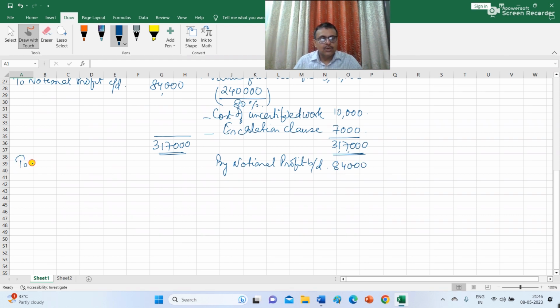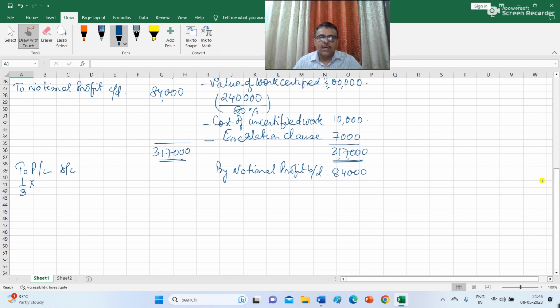And to profit and loss account, this will be 1/3 because the value of work certified is less than 50%. So 1/3 multiplied with 84,000, multiplied with the amount of cash received, that is 2,40,000, divided by value of work certified.